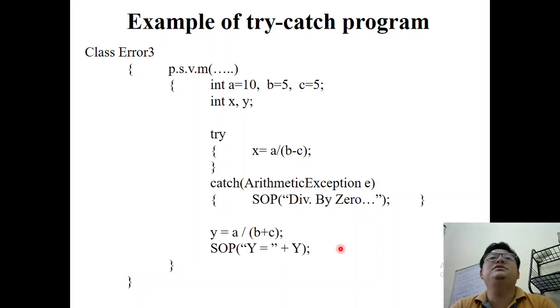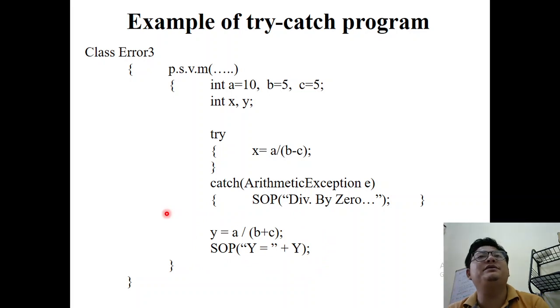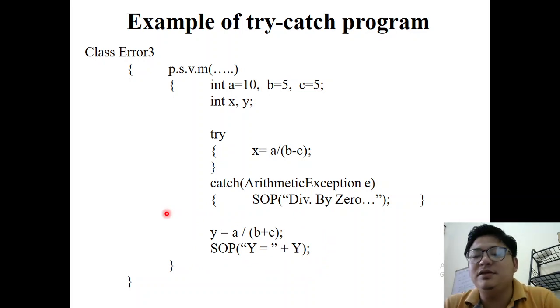Now this is the effect of an exception handling program. You've seen that although there was some problem with this statement and it has been caught, still the rest of the statements were executed. This is possible only when you write the program in this exception handling way. So this is the advantage of an exception handling program.